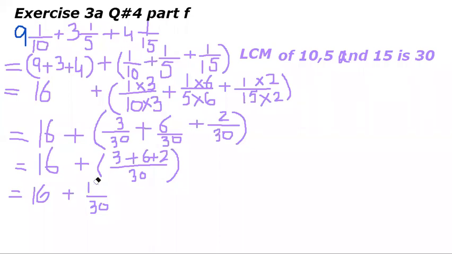The answer is 16 whole number, 11 upon 30. And in our book, they are saying that the answer is 16 whole number, 17 upon 30. That is wrong. The right answer is 16 whole number, 11 upon 30.